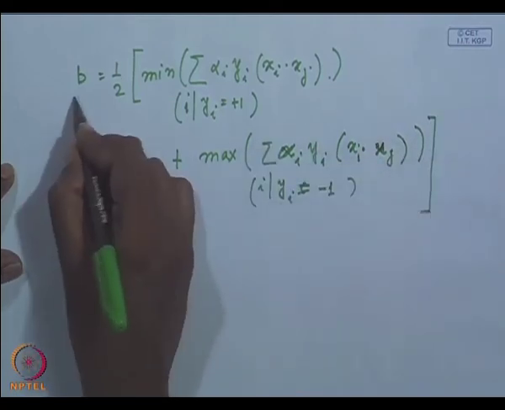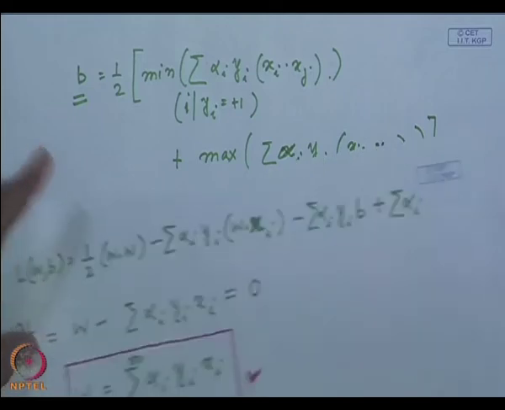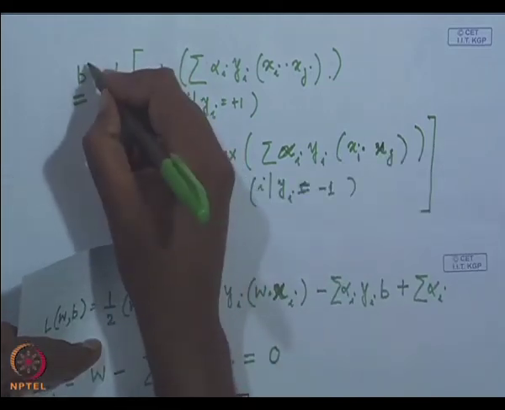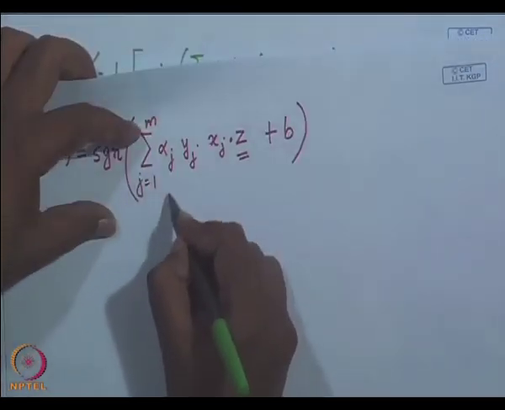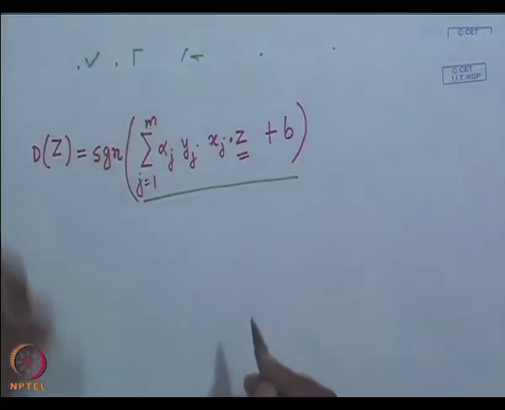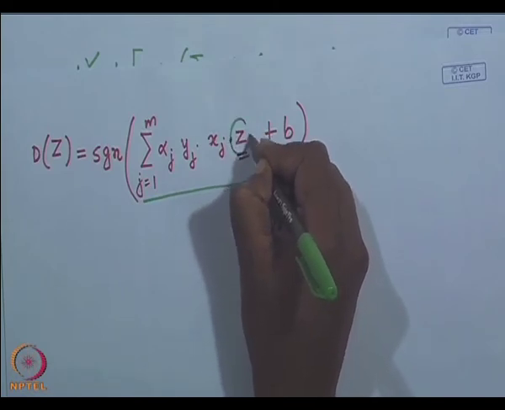That is how I get the value of B, and this W and this B go into this expression for classification of an unknown feature vector z.